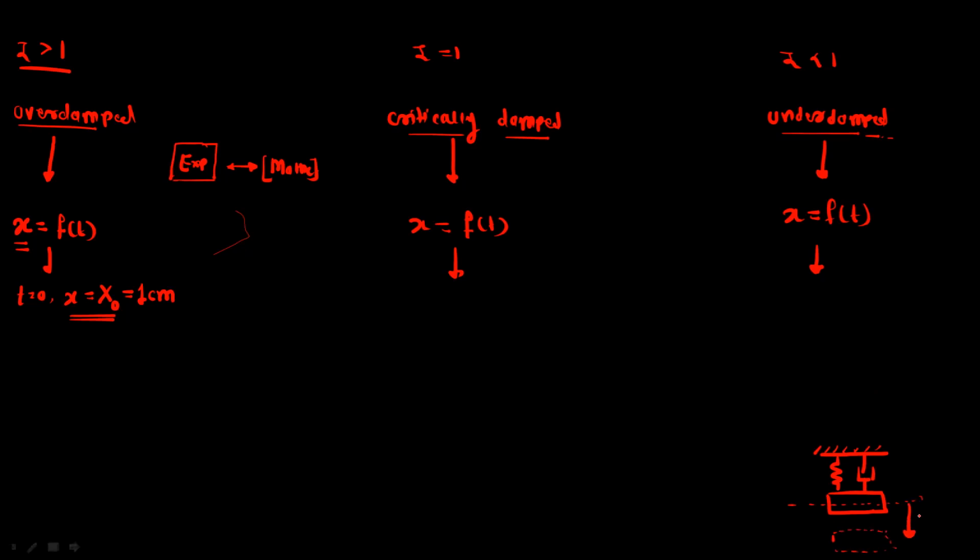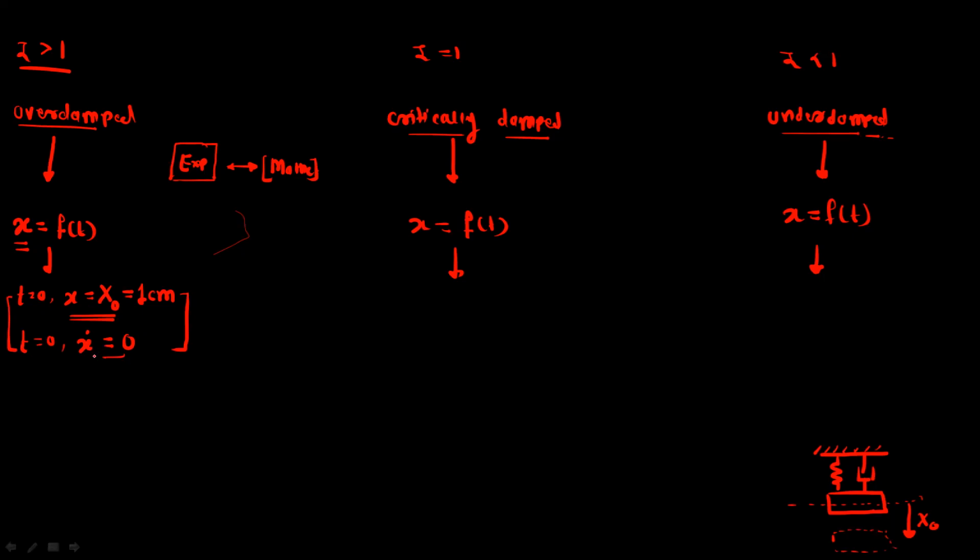This displacement is taken as x0, at the initial time. After this displacement, we release the mass so that the system will start oscillating. So the corresponding velocity x dot is 0. For all these cases, the initial condition is the same: at t equal to 0, x is equal to x0, and at t equal to 0, x dot is equal to 0.